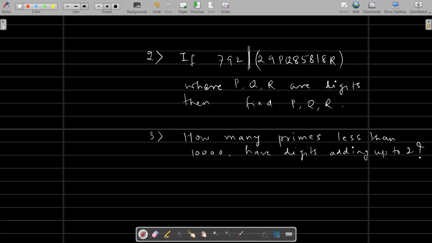Those who have completed the second, you can also try the third one. Third is interesting but simple. It's not difficult.